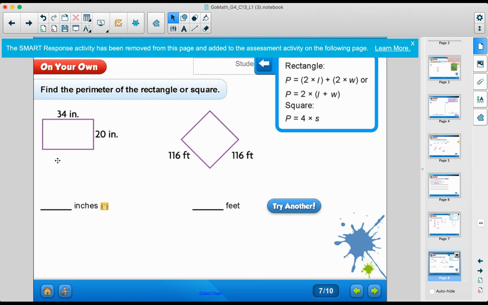I want to see what the answer is. So please try to do these two problems in your math book.